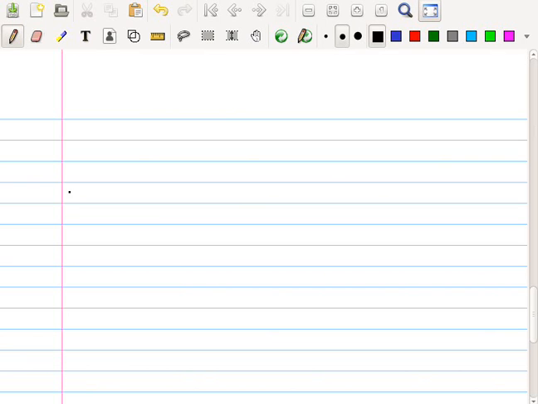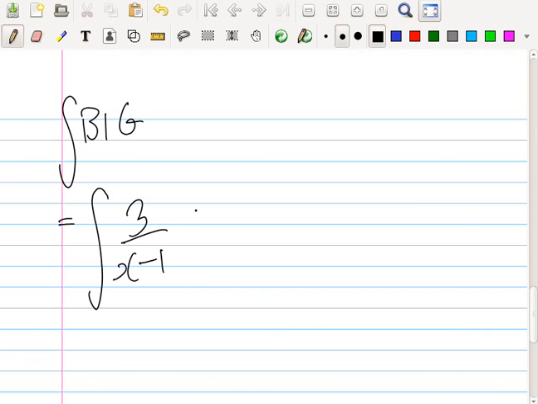Okay. So next he wants us to integrate this fraction. But that's the same as integrating the 3 individual ones. So the first one, what's a? 3. So it's 3 over x minus 1. And then what's b? 2. Okay.